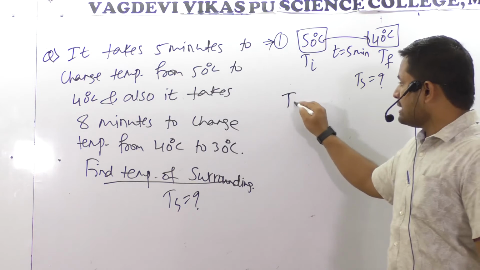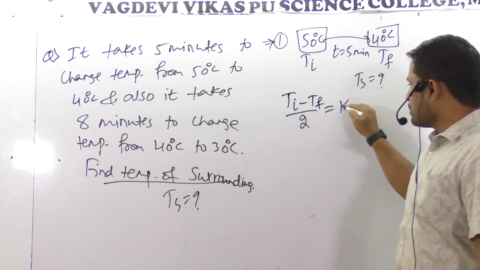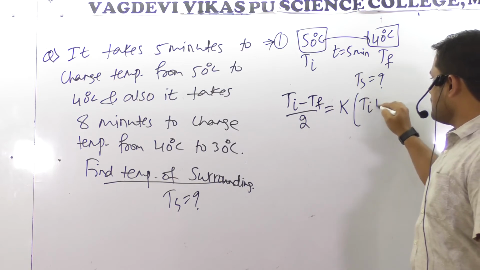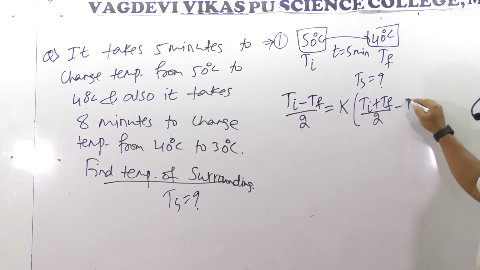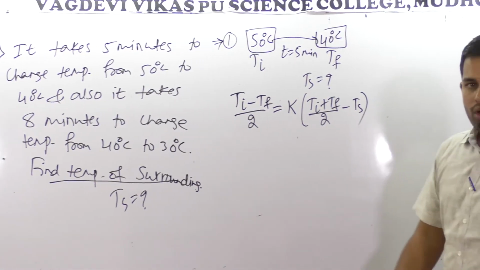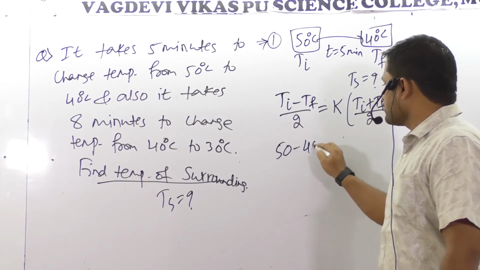Rate of cooling, that is (Ti minus Tf) divided by t is equal to K bracket (Ti plus Tf)/2, the average temperature of the body I have to take, minus the temperature of the surrounding, Ts. Alright? Okay. So initial temperature is 50, final temperature is 40.